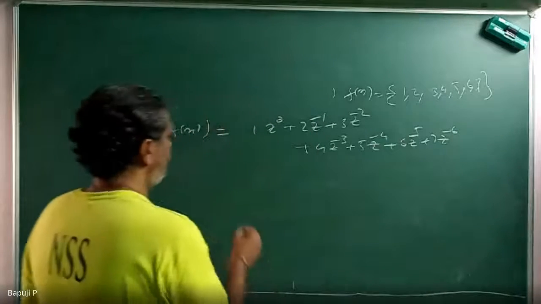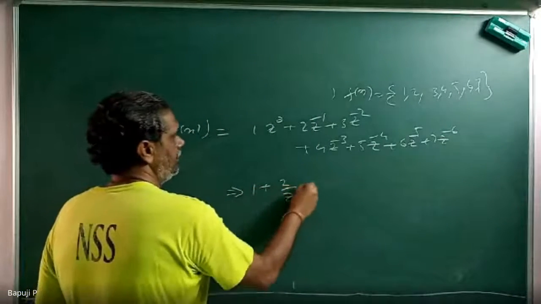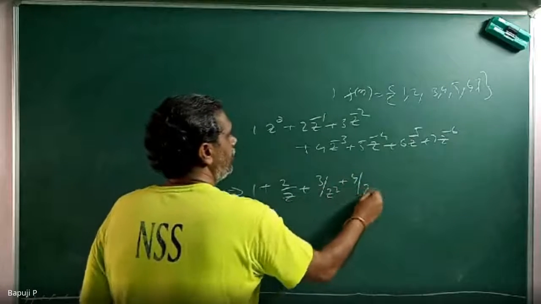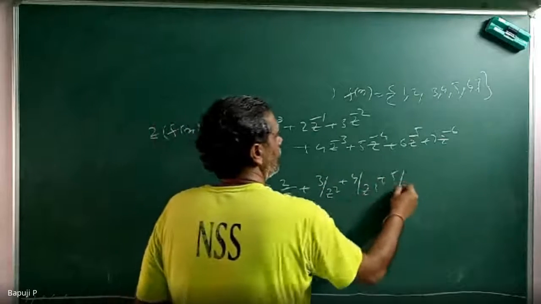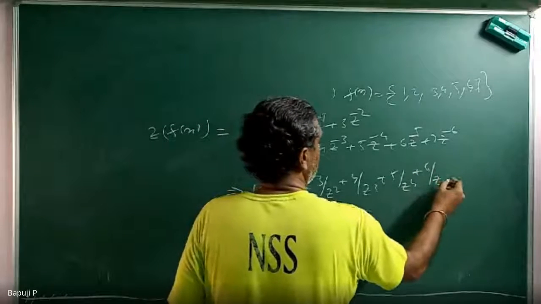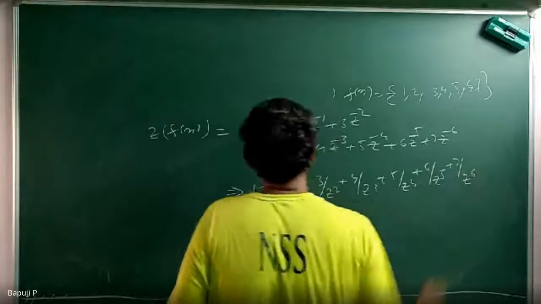If you write this, it becomes 1 plus 2 by z, 3 by z squared, 4 by z cubed, 5 by z to the 4, 6 by z to the 5, 7 by z to the 6.